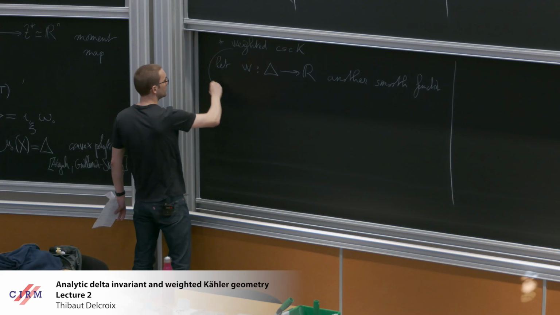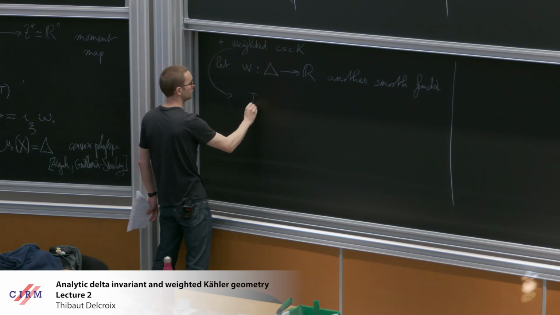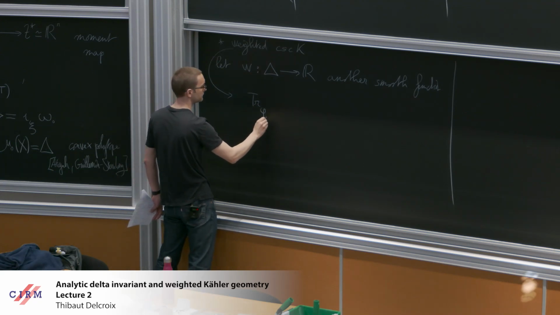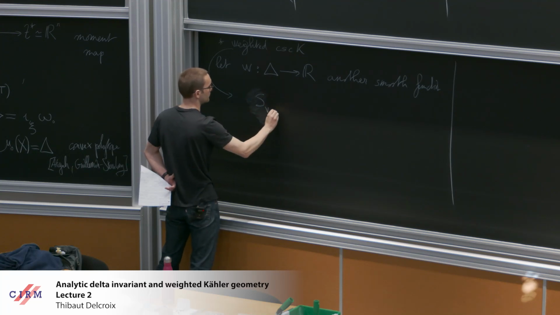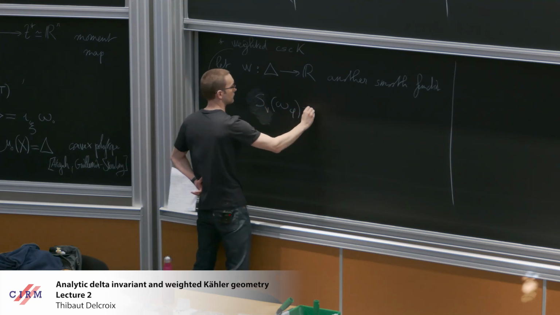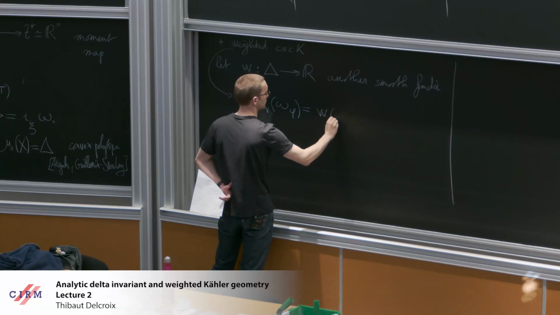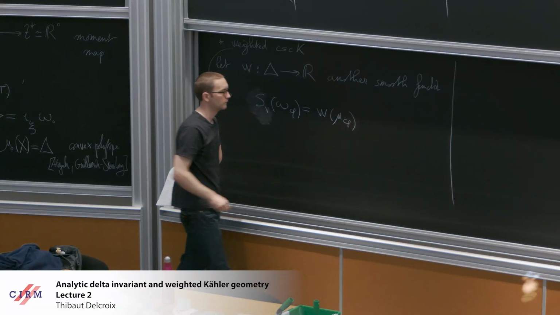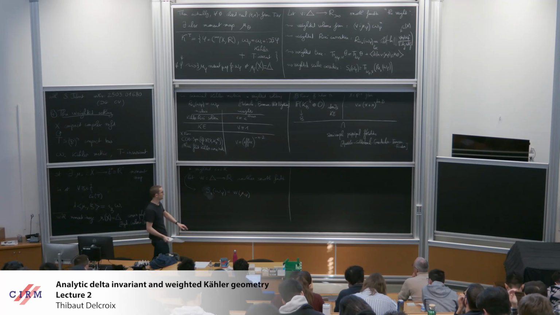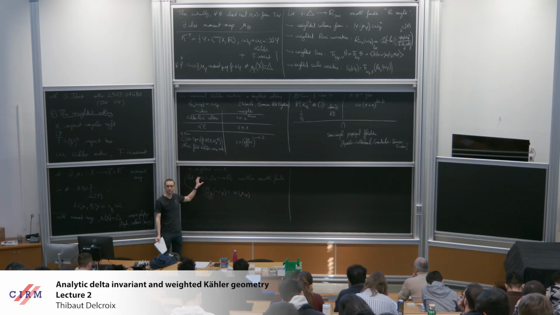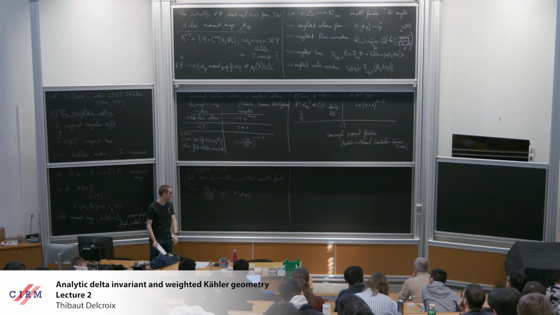And the weighted cscK is a metric which satisfies this: the weighted scalar curvature is equal to this fixed function on the moment polytope.